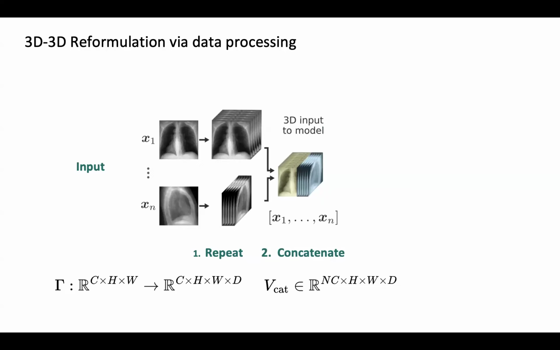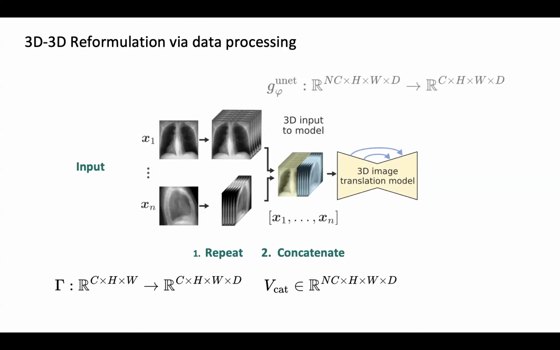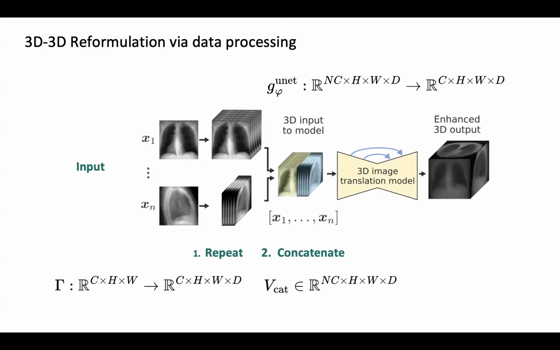As a result, we have a 3D input where all the 2D features can contribute to the 3D generation. By transforming this new input, we make sure the information loss is reduced during the translation process, resulting in a 3D enhanced output.